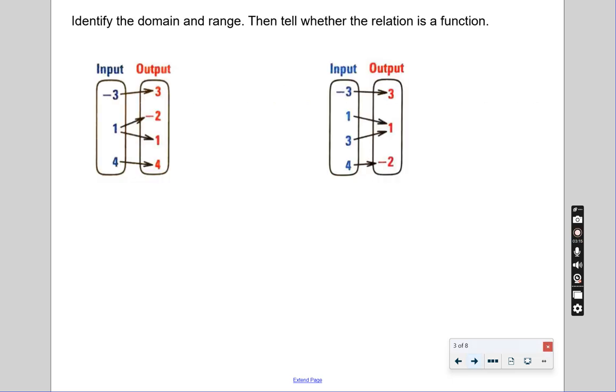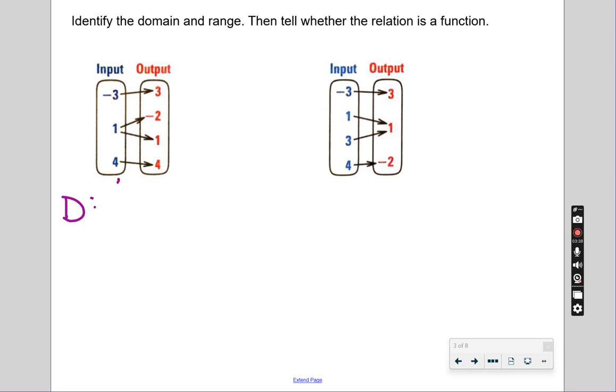So let's take a look at some different examples. This is that mapping thing I was talking about. It says identify the domain and range, then tell whether the relation is a function or not. What do we think the domain is going to be for this first example? -3, 1, and 4. All the inputs.